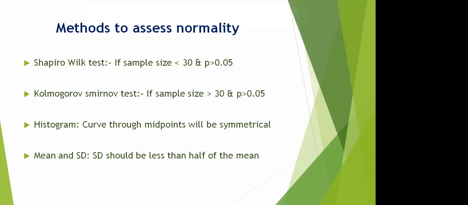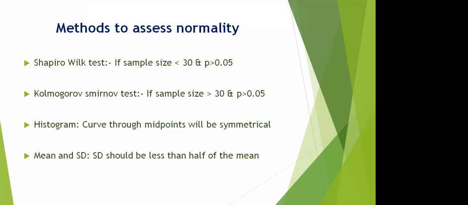And the last and the easiest method to find the normality of a test is with the help of mean and standard deviation. We need to calculate the mean and standard deviation of the continuous variable. And listen carefully.